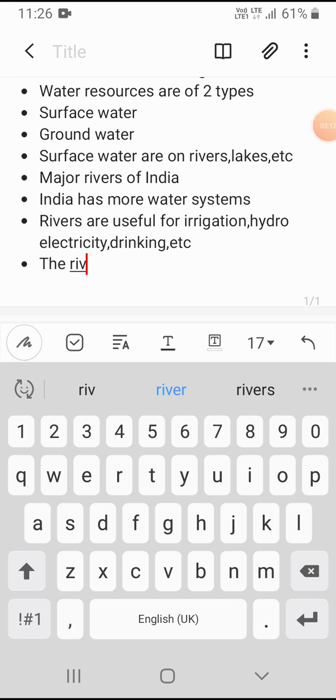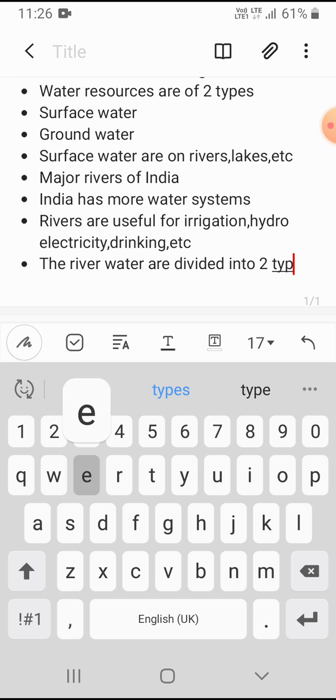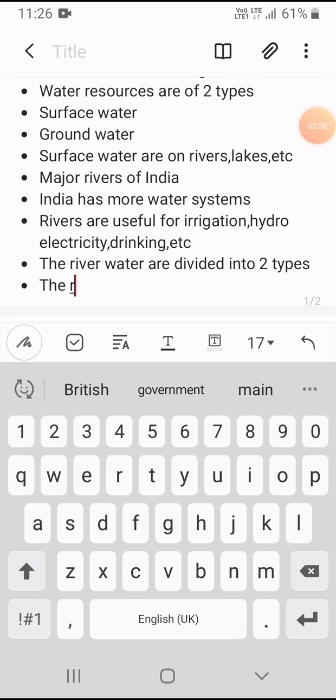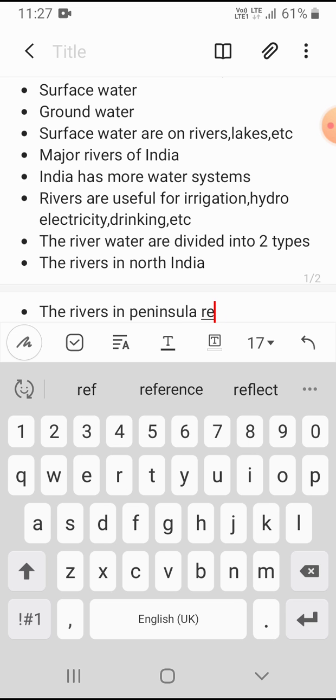The rivers are divided into two types. First one is the rivers in North India, and the next is the rivers in the peninsular region.